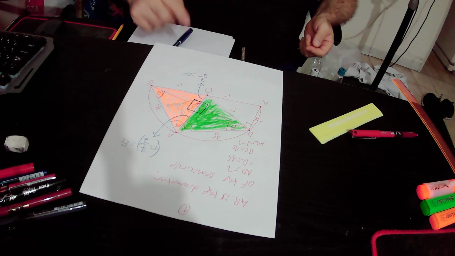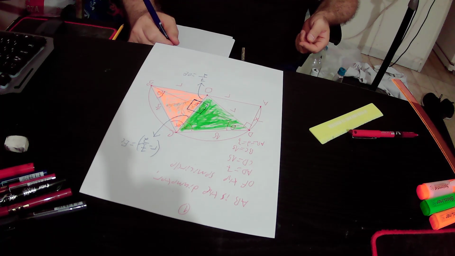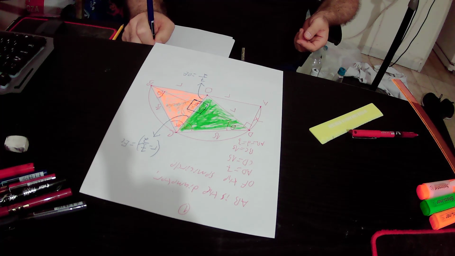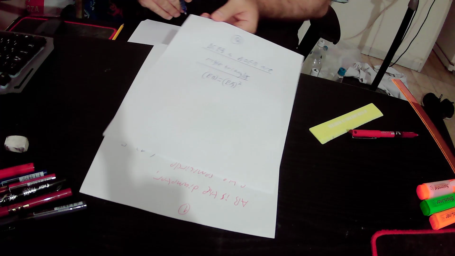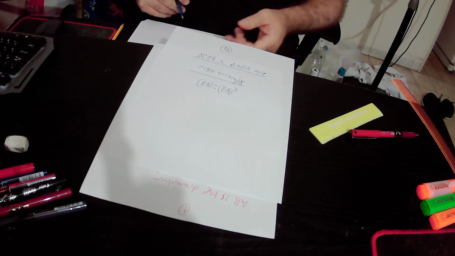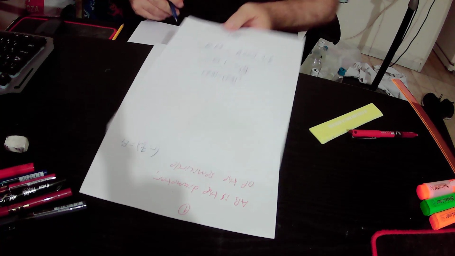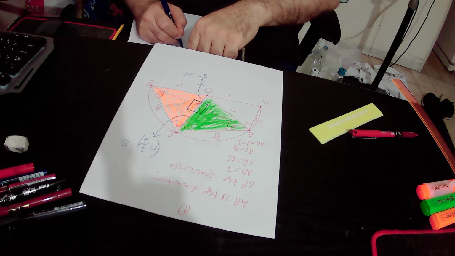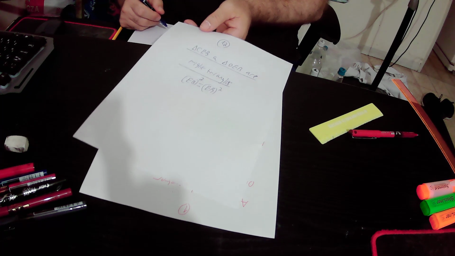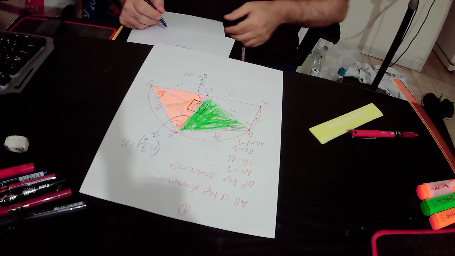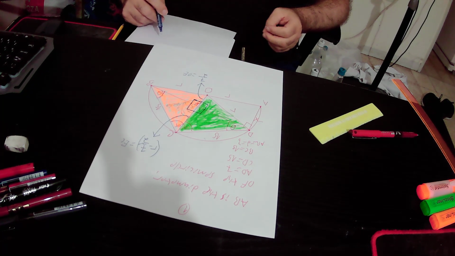So we can write the equality that EB squared equals EB squared.